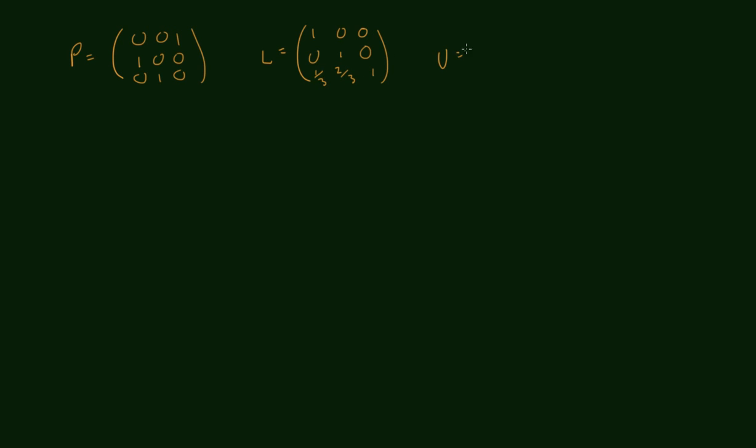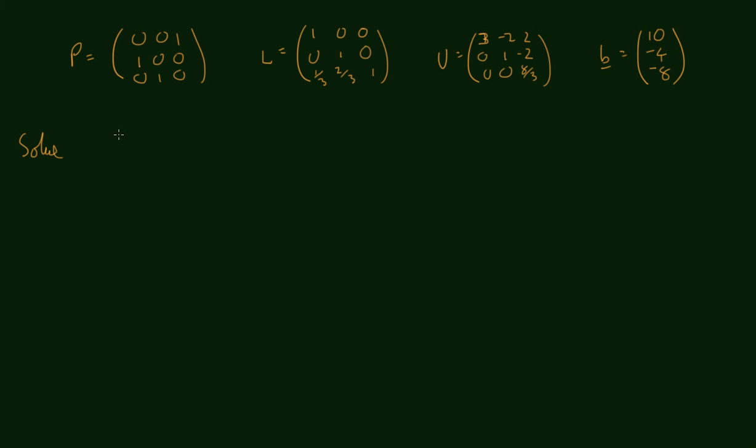And U, which was 3, -2, 2, 0, 1, -2, and 0, 0, 8/3, and the last thing we need is our constant vector B, which is 10, -4, -8.